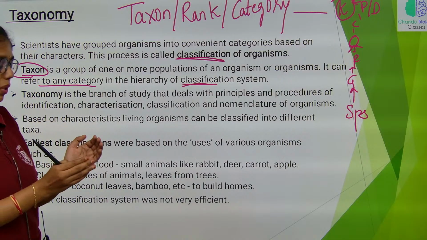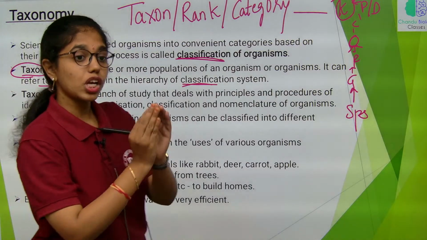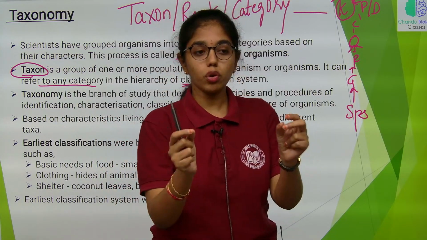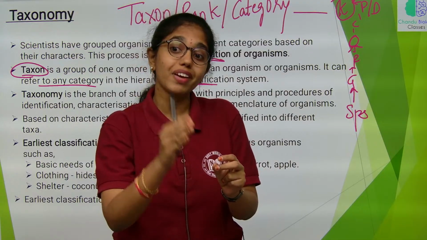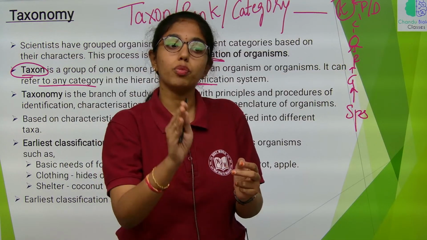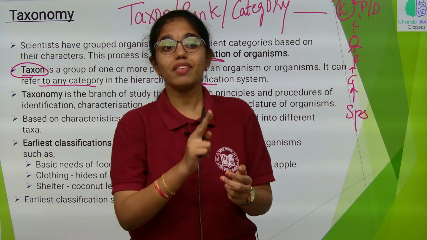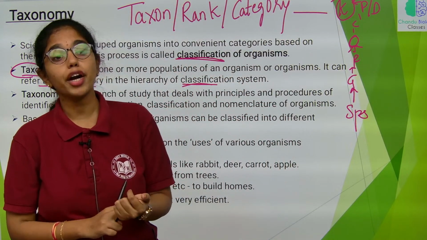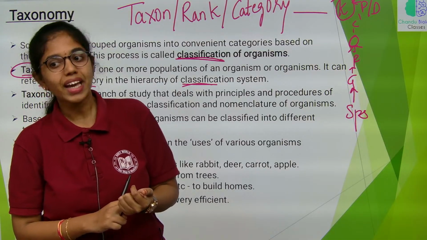For example, the group of organisms which are morphologically similar and reproduce, if 2 organisms reproduce and produce fertile offspring, then they are said to be the same species. If a sterile offspring is produced, then they do not belong to the same species, according to the biological concept of species by Ernst Mayr.